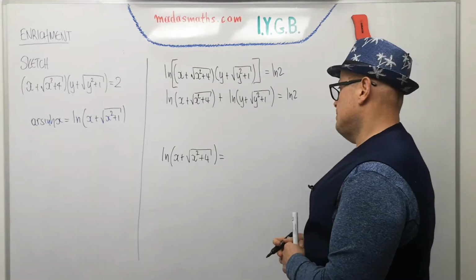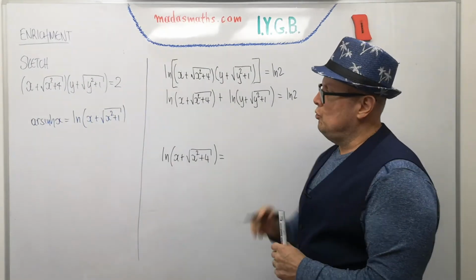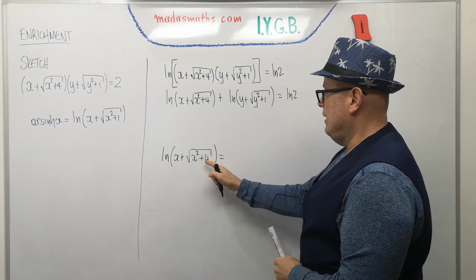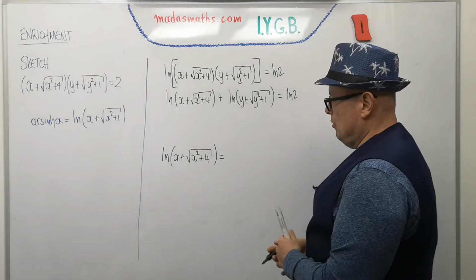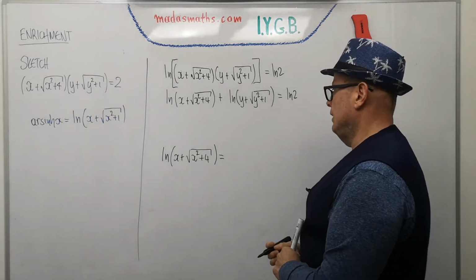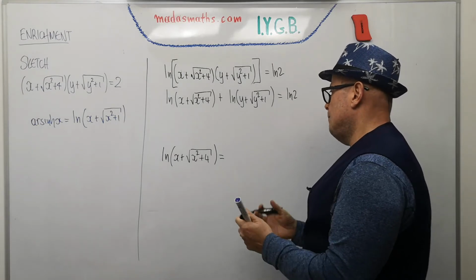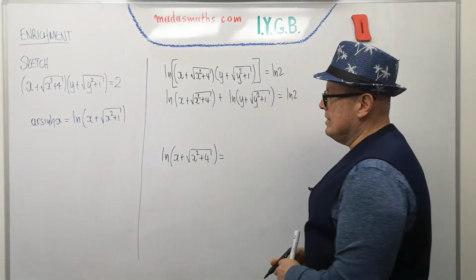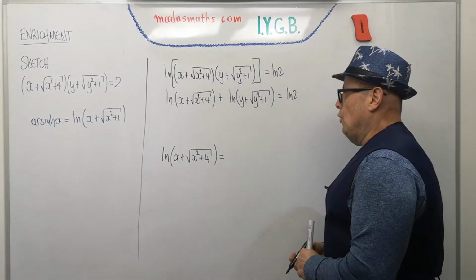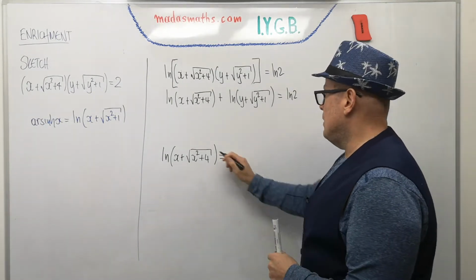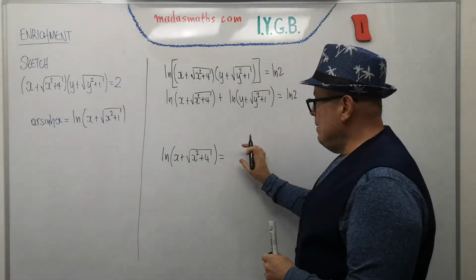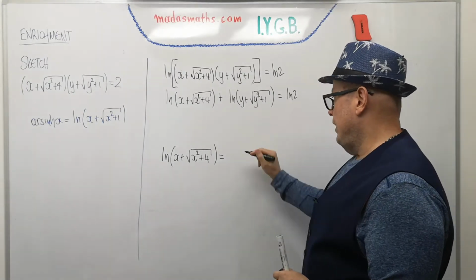What's the problem with this particular log in order to make it look like this? Well, quite clearly this 4. How could I possibly lose that 4 from the argument? I could write x squared plus 1 plus 3, but I don't think that's a sensible thing. I cannot think of a way of getting rid of that plus 3 that I would have created in there. So maybe I need to do something in a multiplicative sense.